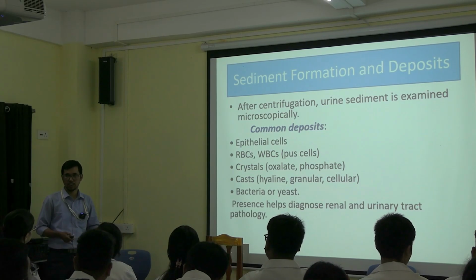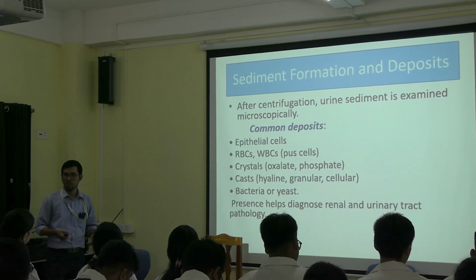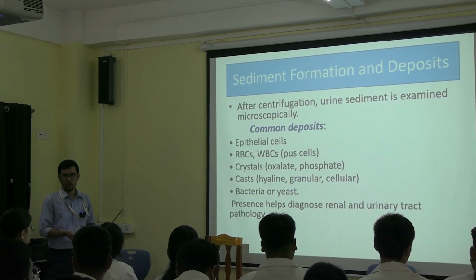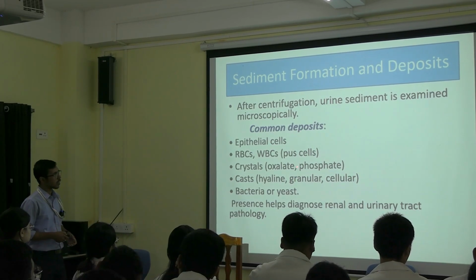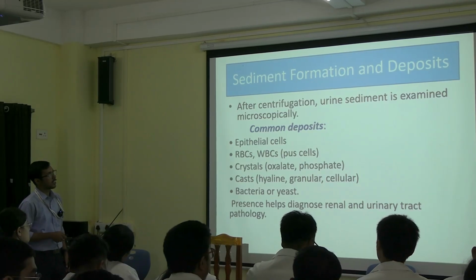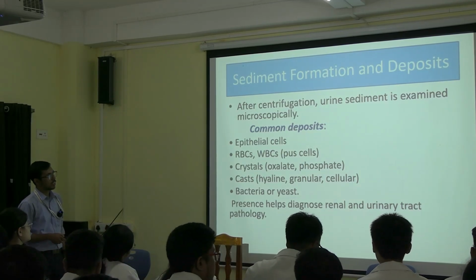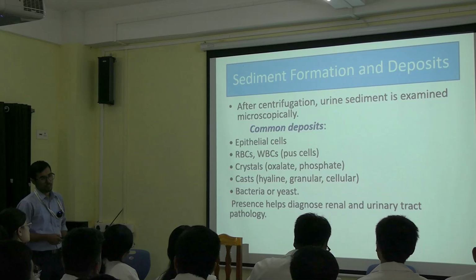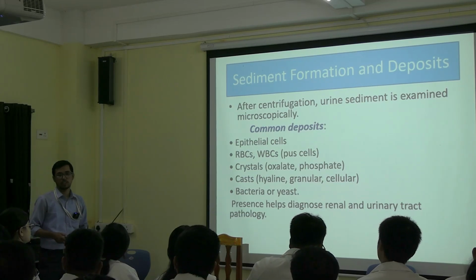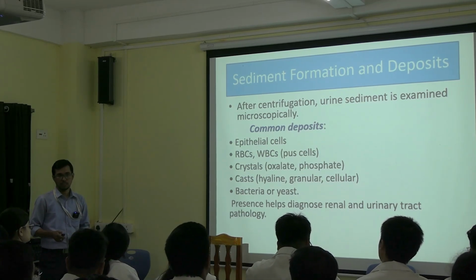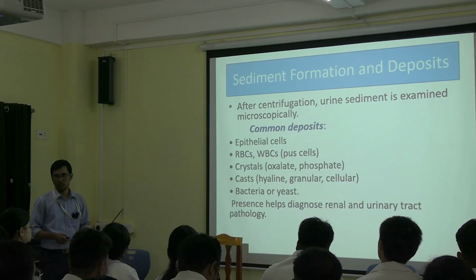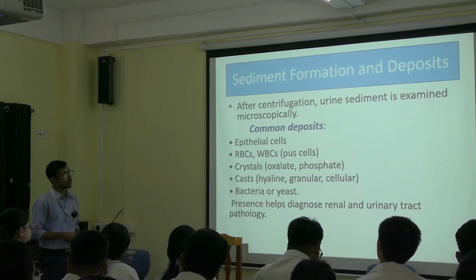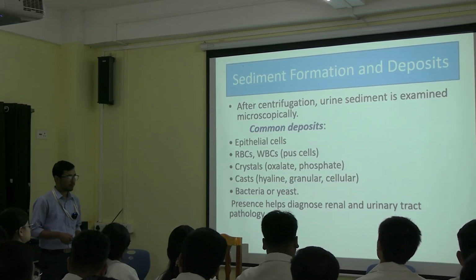In hypertension patients, due to high blood pressure, a few RBCs can pass through the kidney. Then we can get crystals like oxalate crystals, phosphate crystals. If your body is unable to metabolize the products nicely, or there is an error in metabolism, then oxalate and phosphate will be passed in urine.